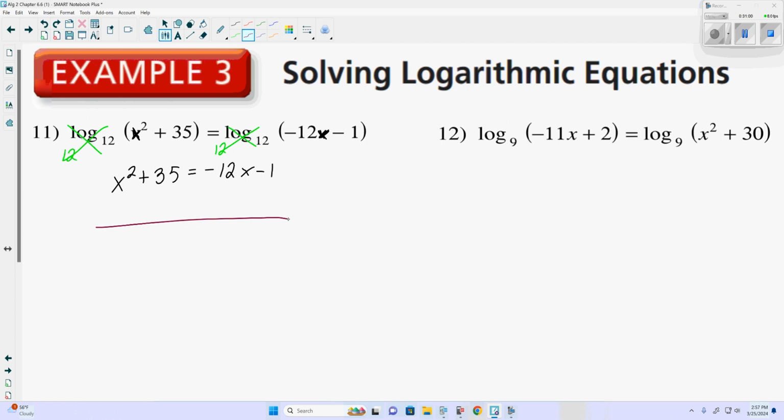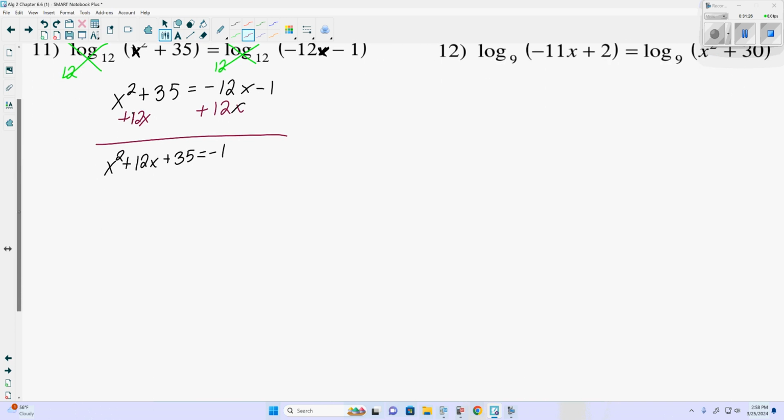Now, since this is a quadratic, the first one we've had as a quadratic all day, we need to get it equal to 0. It doesn't matter what we move first. I'm going to move the 12x, so I'm going to add 12x to both sides, which will tell us that we have x squared plus 12x plus 35 is equal to negative 1.